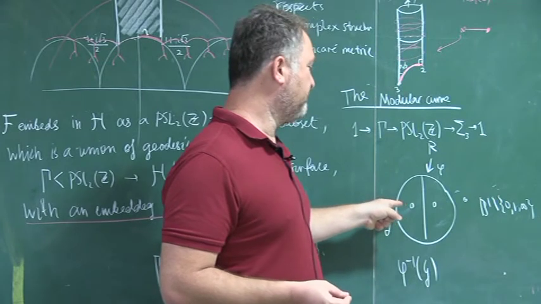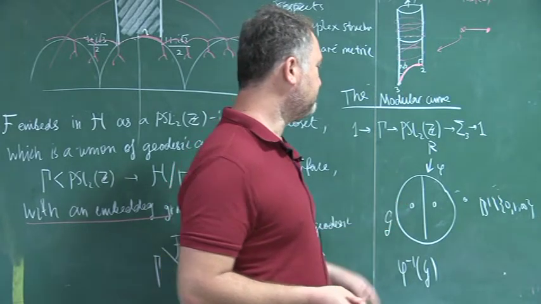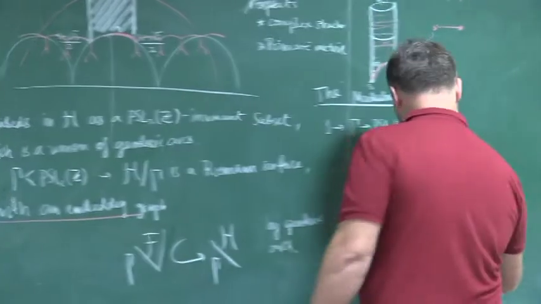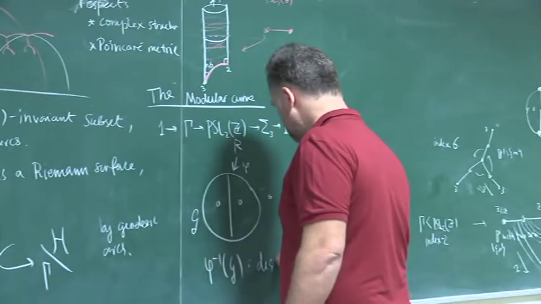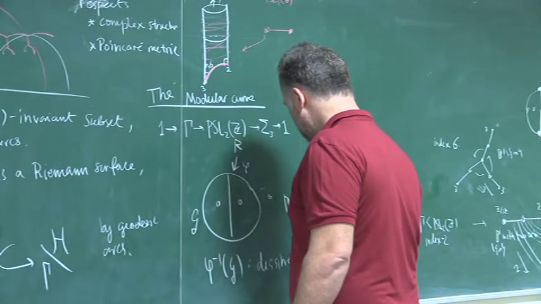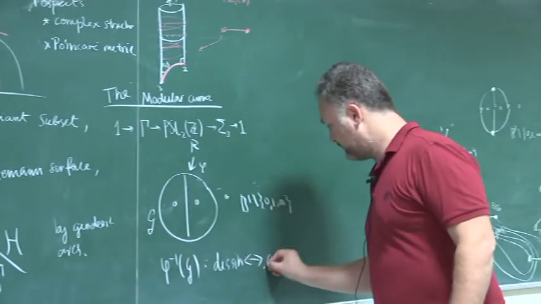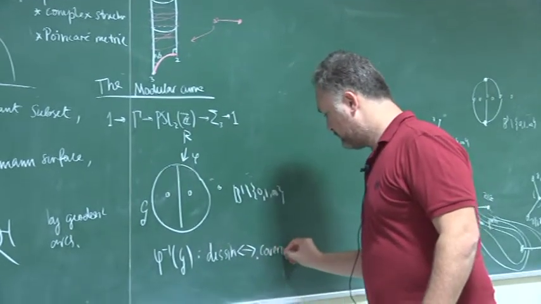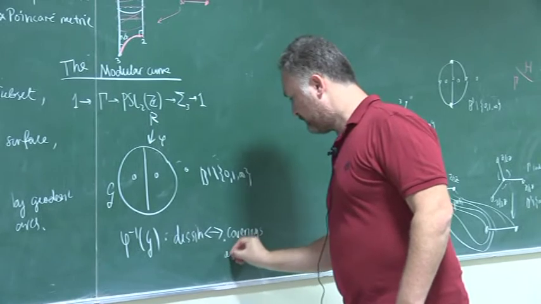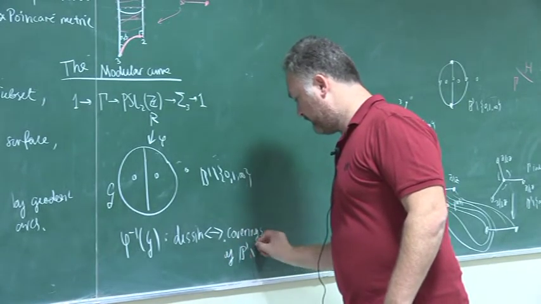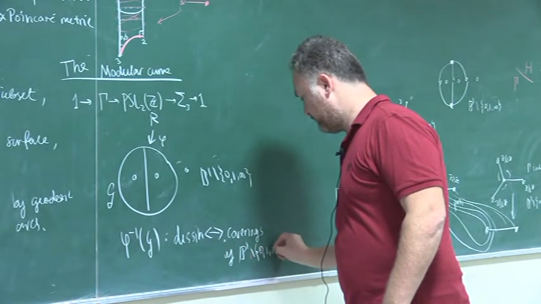But it's slightly more complicated from my point of view. So this is what is called the dessin. And they are in one-to-one correspondence with the coverings of P1 minus 0, 1, infinity.